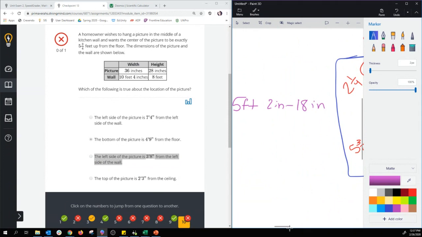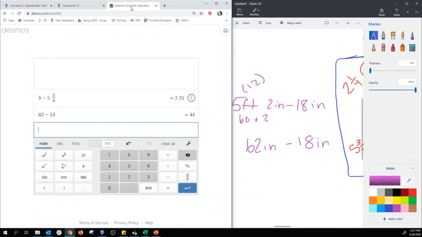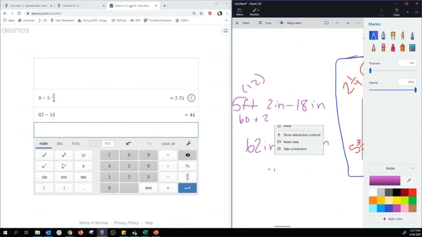To do this, I'm first going to change everything into inches. 5 times 12, because there are 12 inches in 1 foot, gives me 60. Plus those 2 inches gives me 62 inches, minus 18 inches. 62 minus 18 is 44.